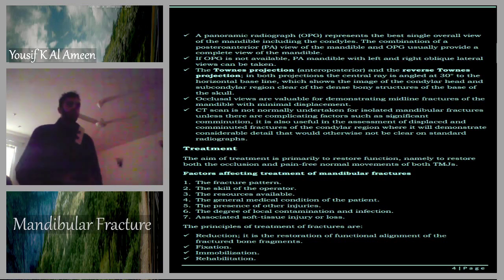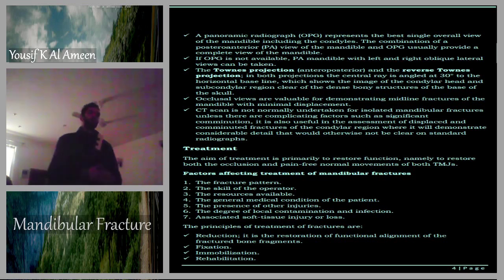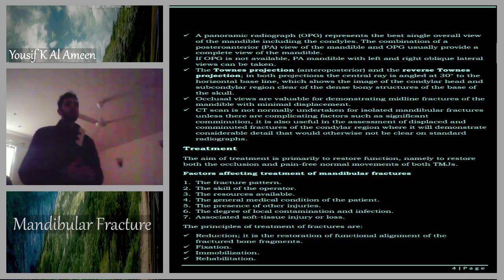If OPG is not available, PA mandible with left and right oblique lateral views can be taken. This is only if OPG is not available.